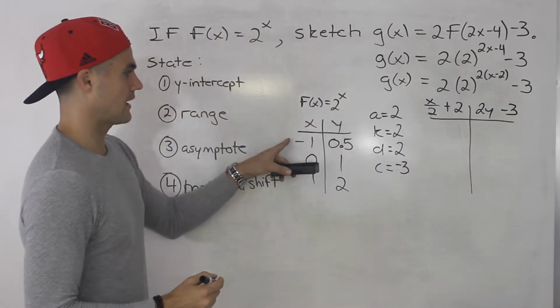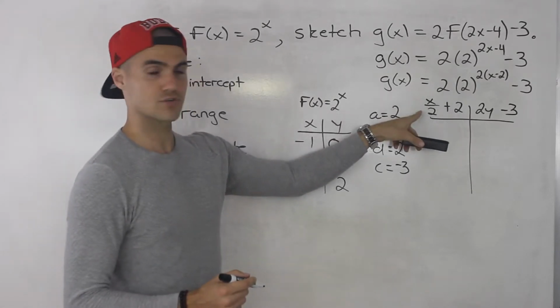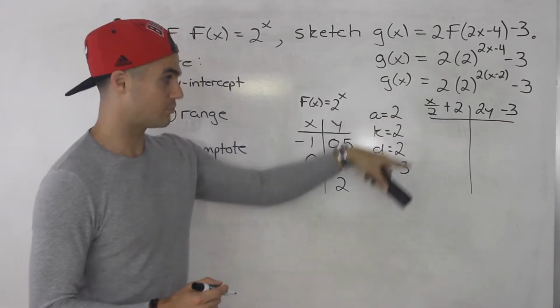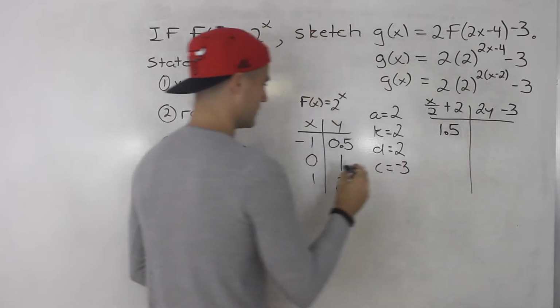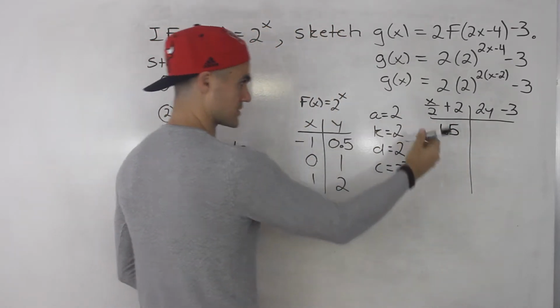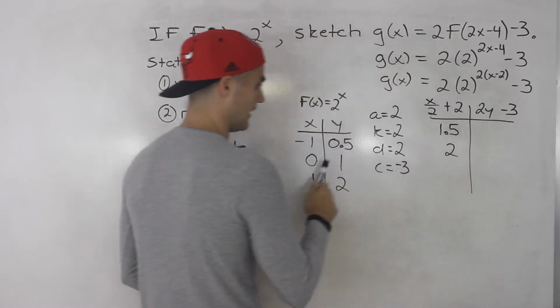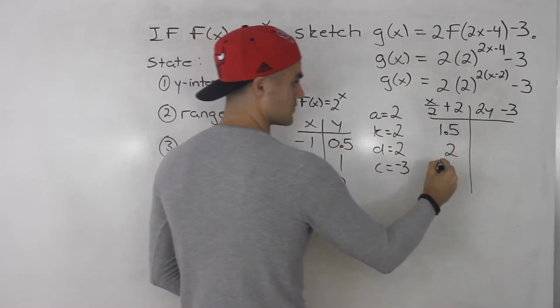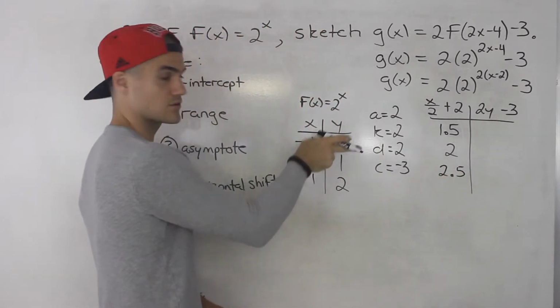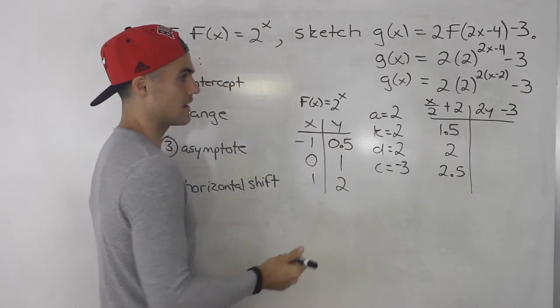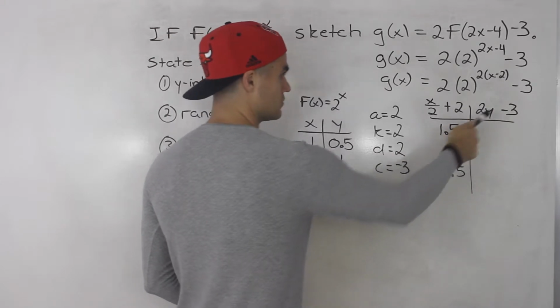So plugging in an x value -1 here, -1 over 2 is -0.5, plus 2 gives us 1.5. 0 divided by 2 is 0, plus 2 gives us 2. And then 1 divided by 2 plus 2 gives us 2.5. So that's what the x values transform to. Then the y values, multiplying them by 2, subtracting 3.